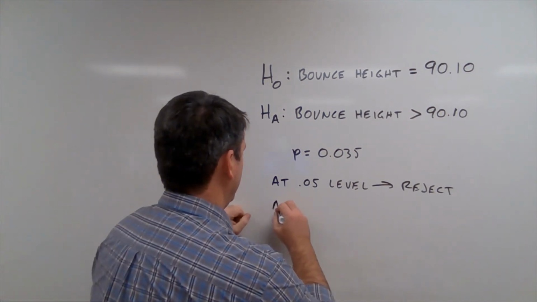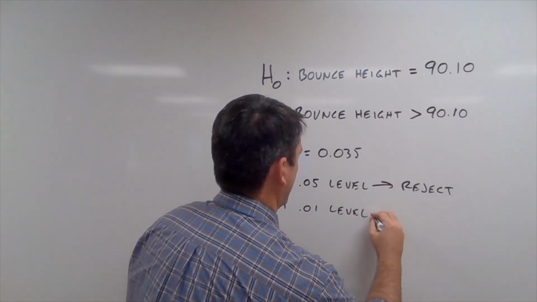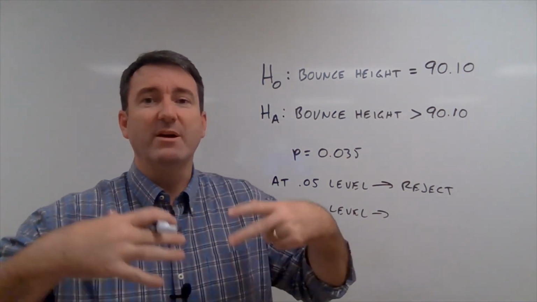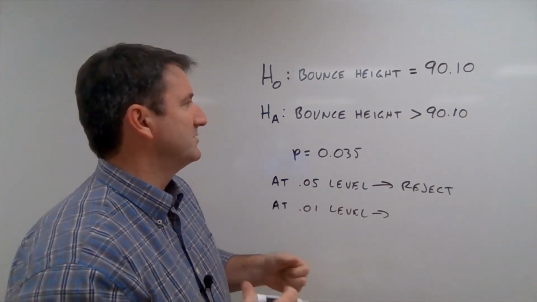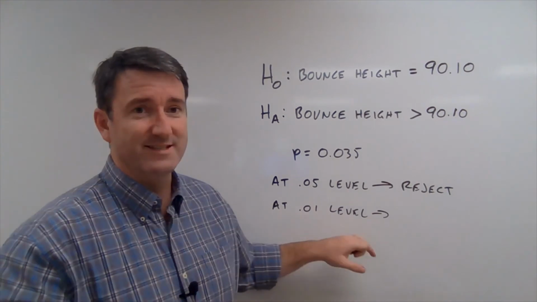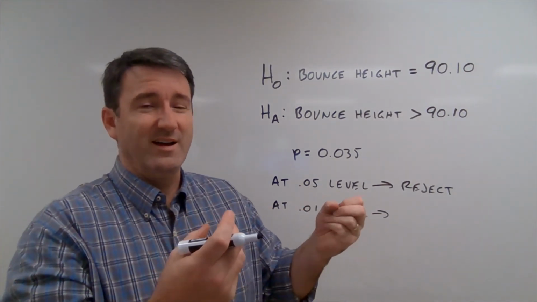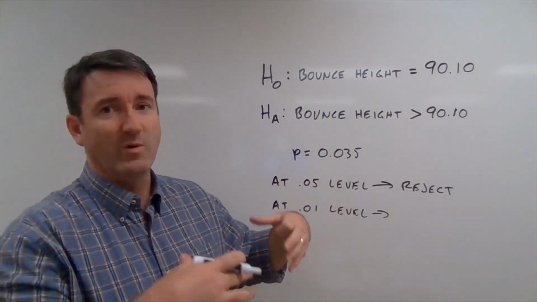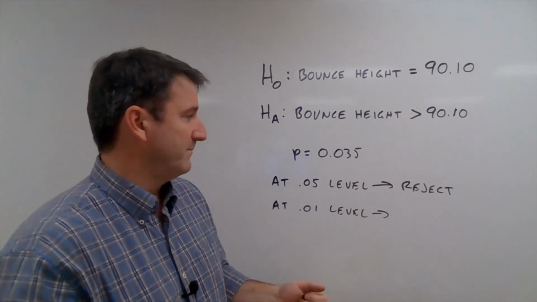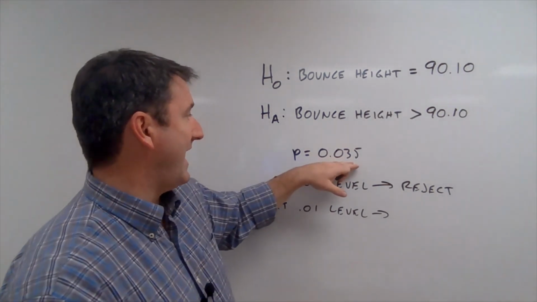Now, at the 0.01 level, which is a bigger hurdle, a stricter standard to reach, because now we're saying that this has got to be significant in such a way that the probability of this happening by chance would be less than 1%, and we don't have that.